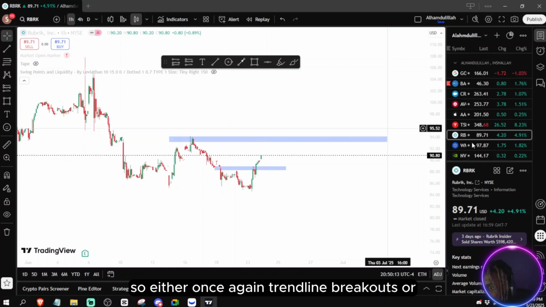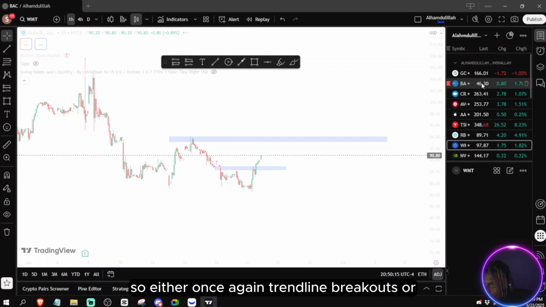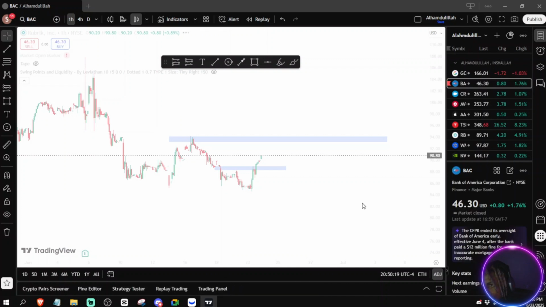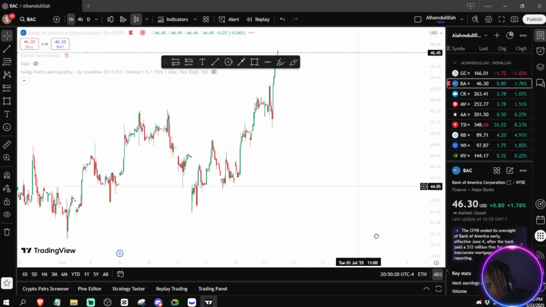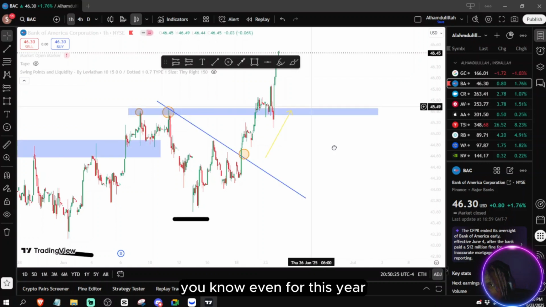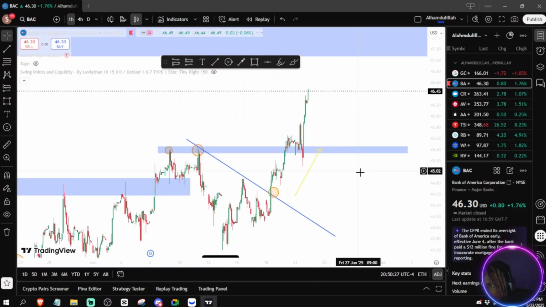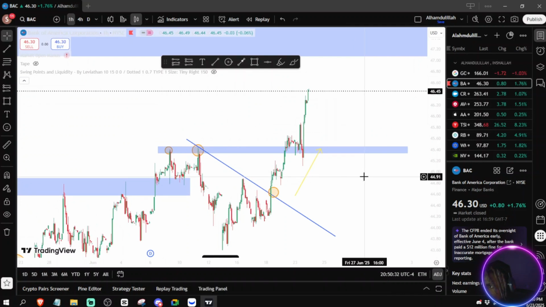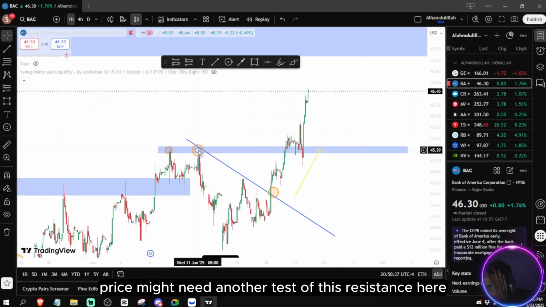So either, once again, trend line breakouts or break and retest. You know, even for this here, or break and retest 100%. And then even this here, I can see that price might need another test of this resistance here.